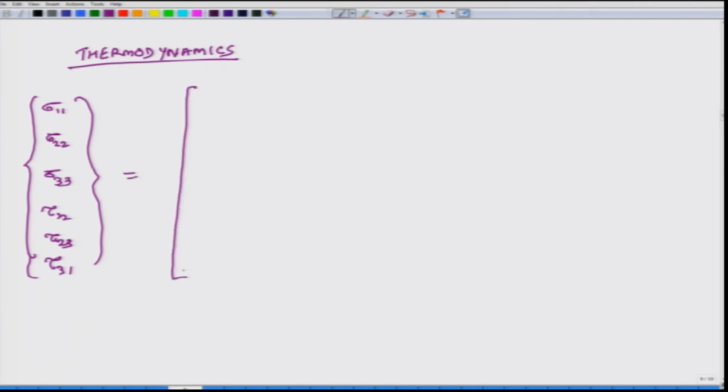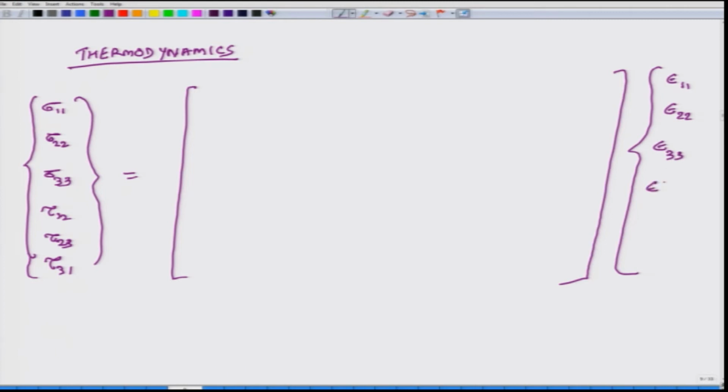In this we have a big matrix involving the elasticity tensor, and this is epsilon 11, epsilon 22, epsilon 33, epsilon 12, epsilon 23, epsilon 31.